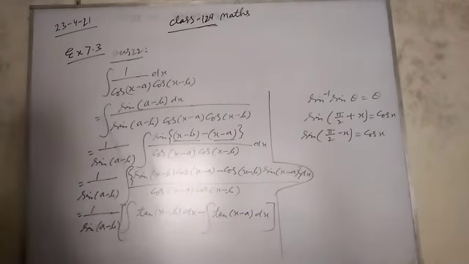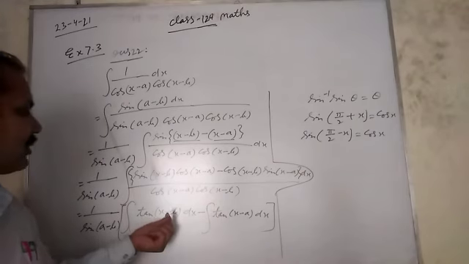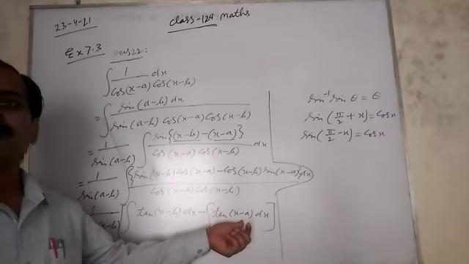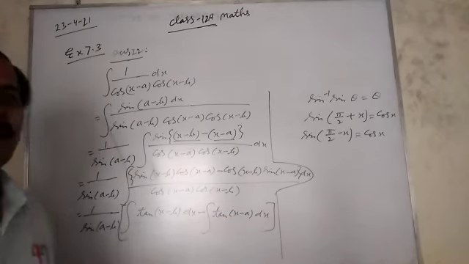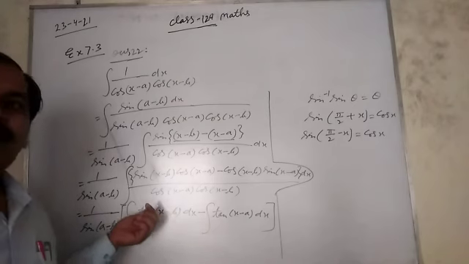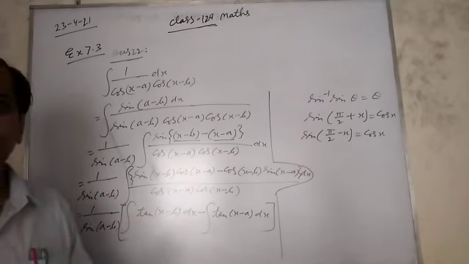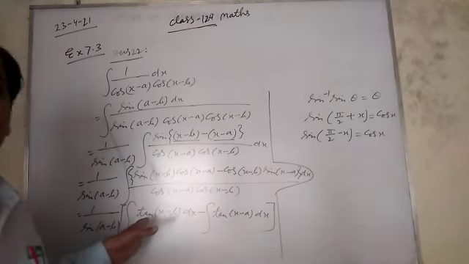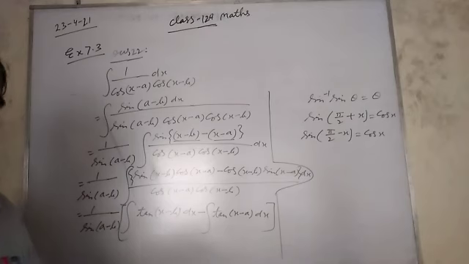Clear? After that, simply suppose x minus b is t, so dx is equal to dt, meaning tan t dt, and suppose x minus a is u, so dx is equal to du, so tan u du. After that you know the formula for the integration of tan x, which you did in the previous exercise. So write the formula here, that will be the answer.